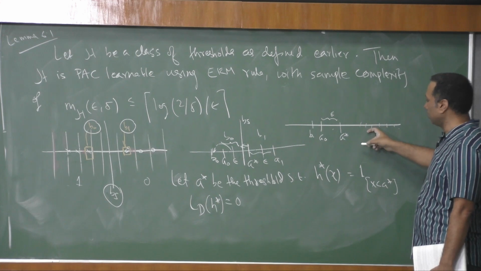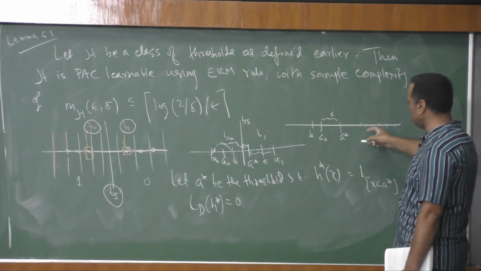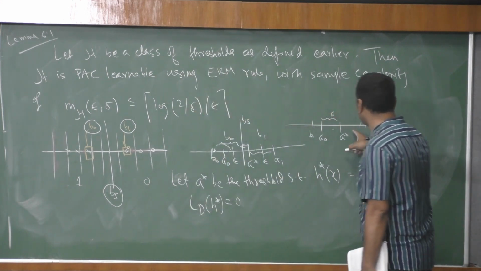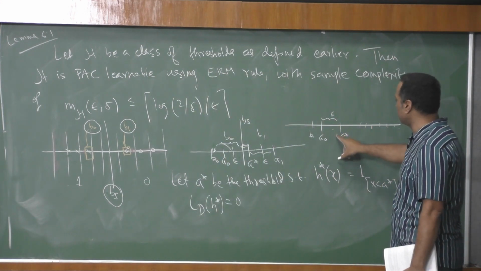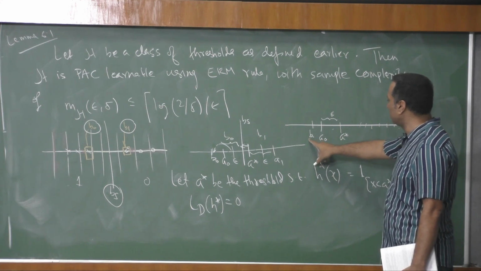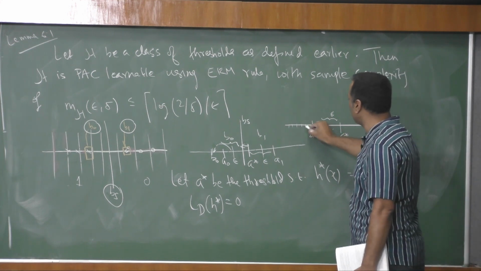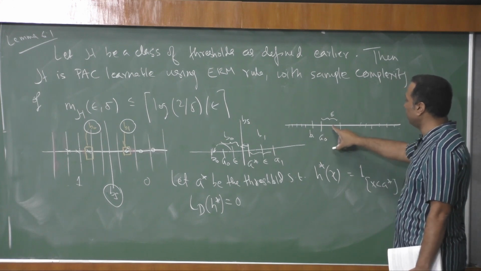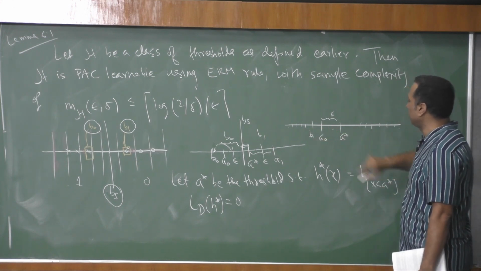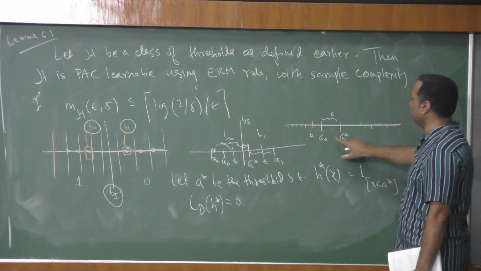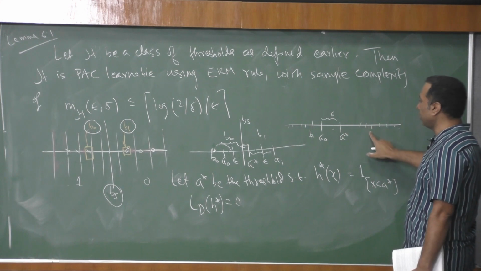So the samples with label 0 are obviously not in a naught a star, but b naught being less than a naught means the other guys are certainly not here either. If any of them were here, b naught would have been there. So all the data points are not in a naught a star, and there are m data points.